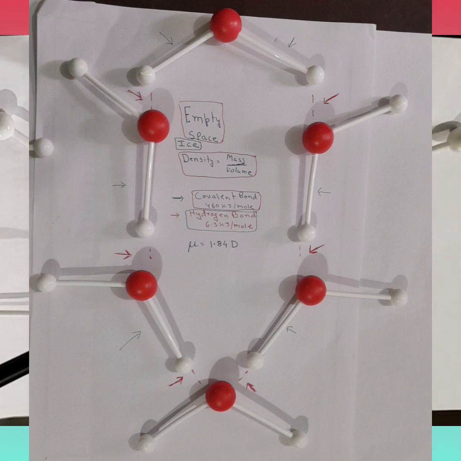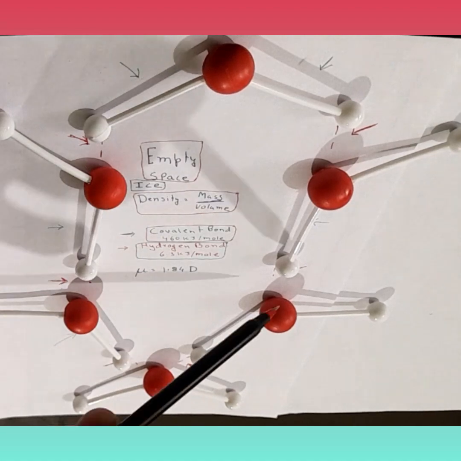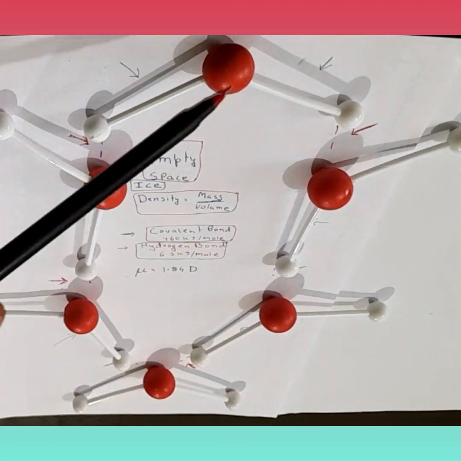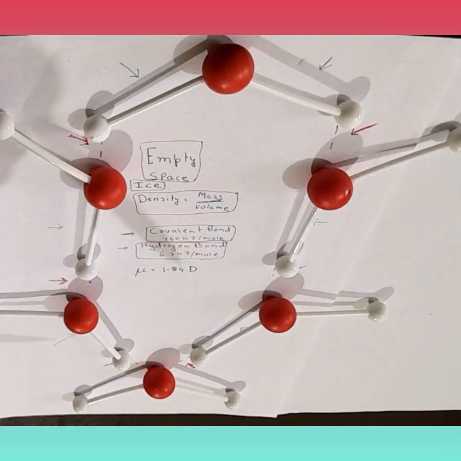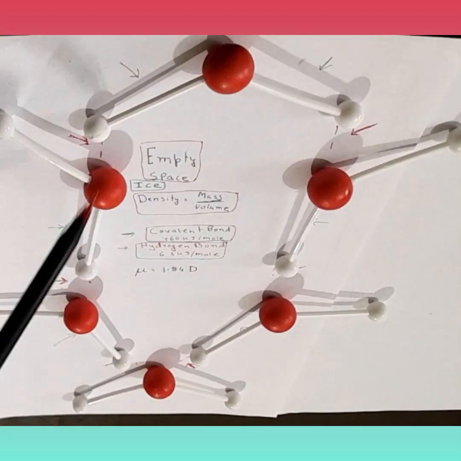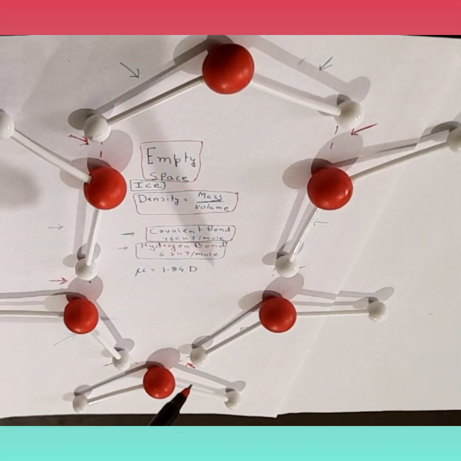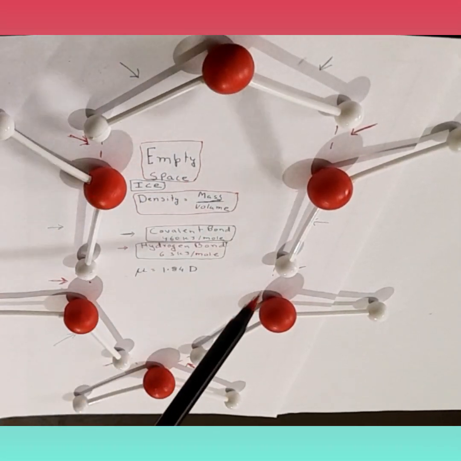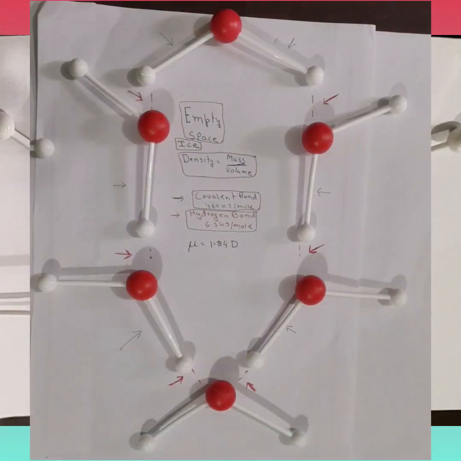In the case of ice, owing to these hydrogen bondings, 6 water molecules are brought closer in this format. Since it is in this format, it entraps an empty space within itself. And that's all because of hydrogen bonding.